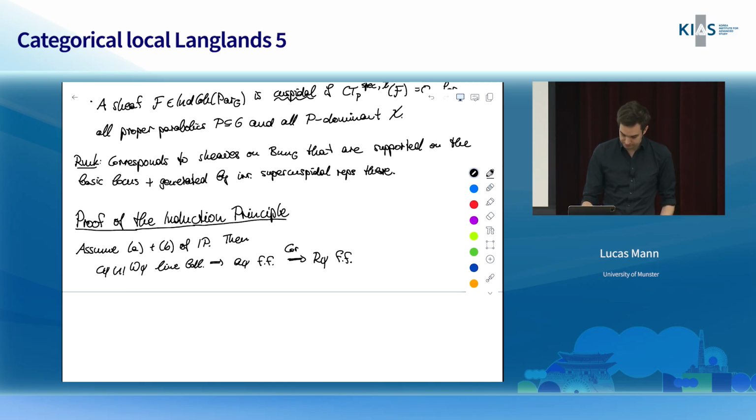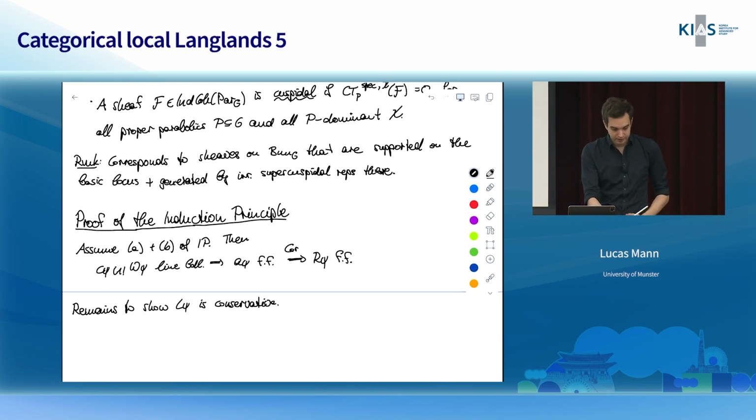And now comes the second step. It remains to show that L psi is conservative. Okay, so what does conservative mean? It means if I plug in something that's non-zero, it will not be zero.